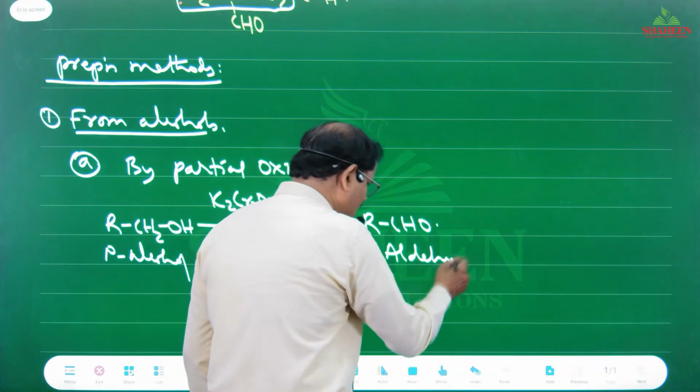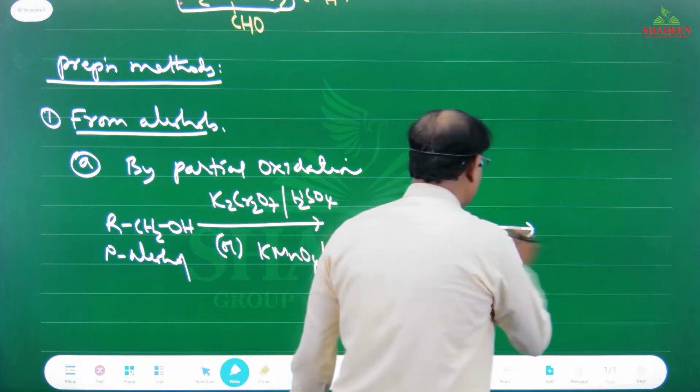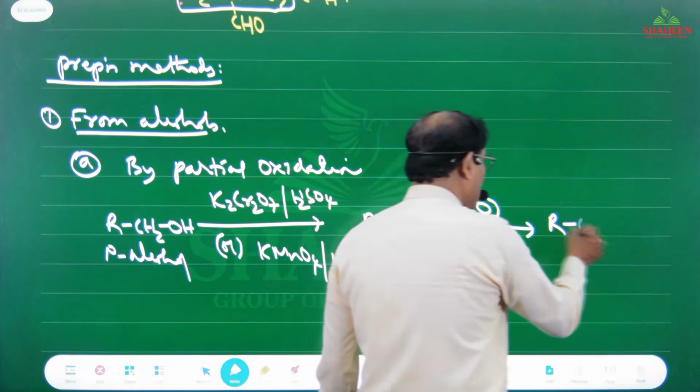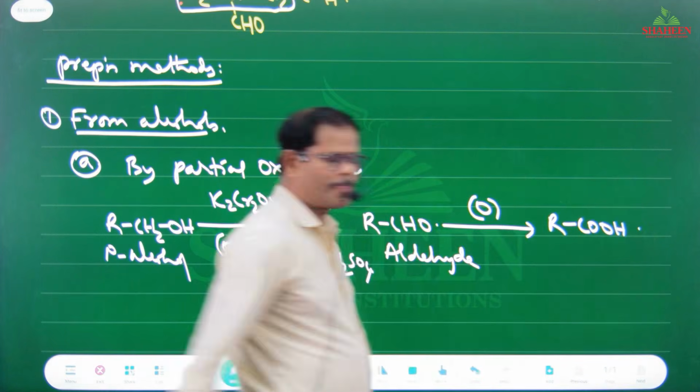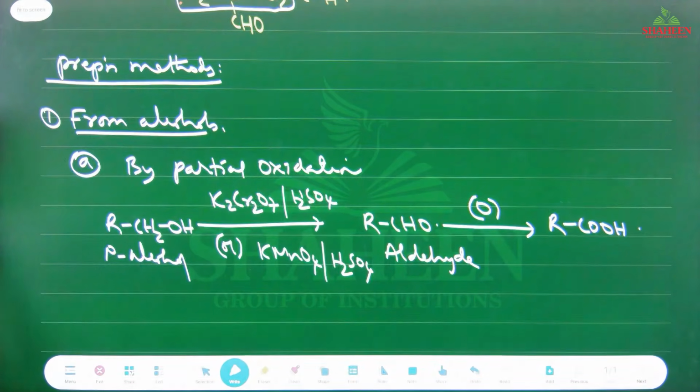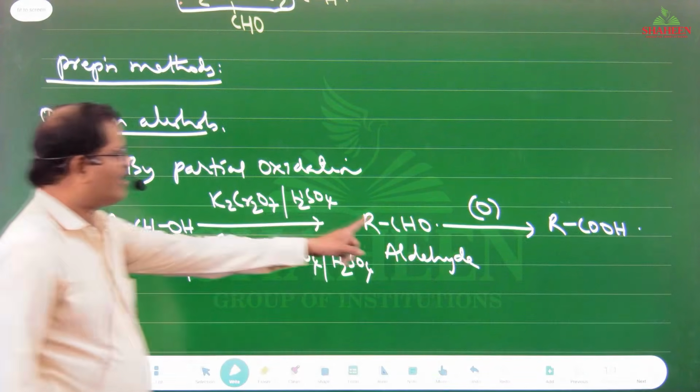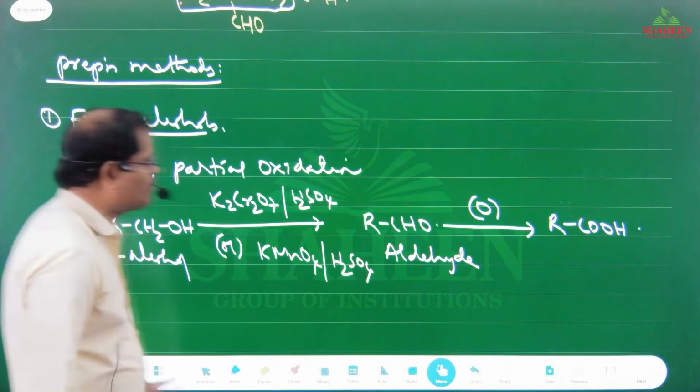This aldehyde undergoes further oxidation and produces carboxylic acid. But we require only aldehydes or ketones.